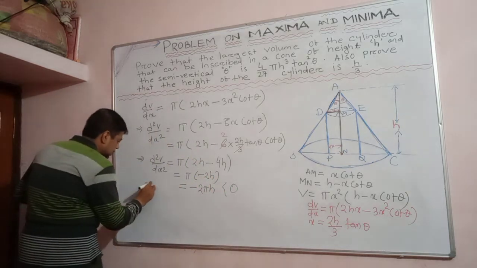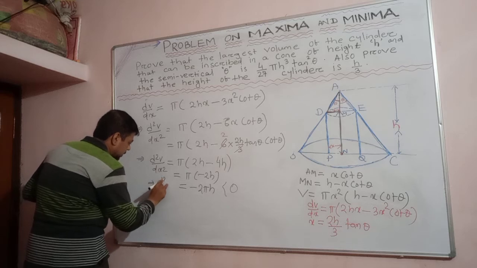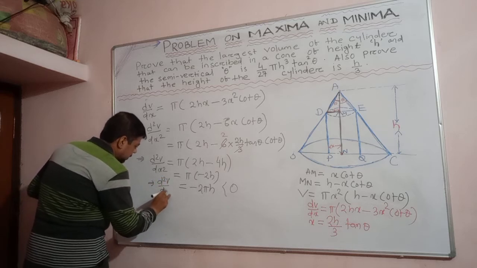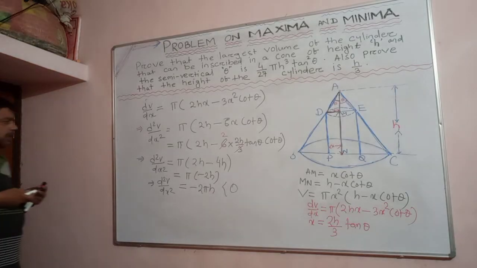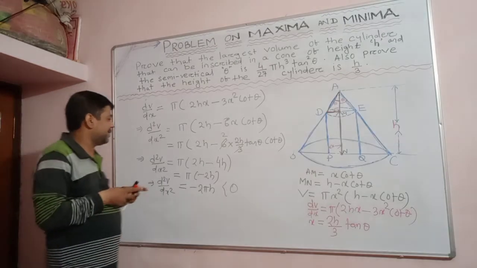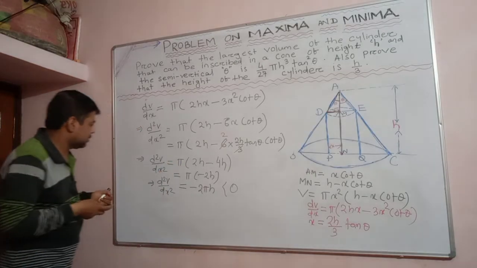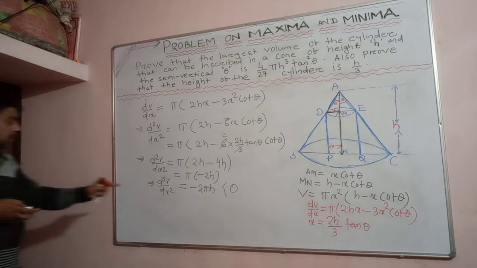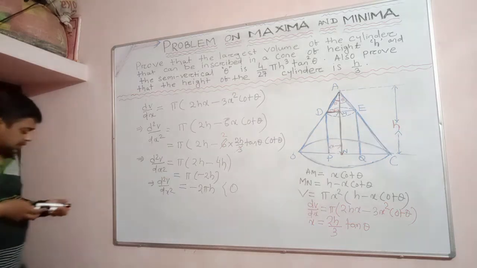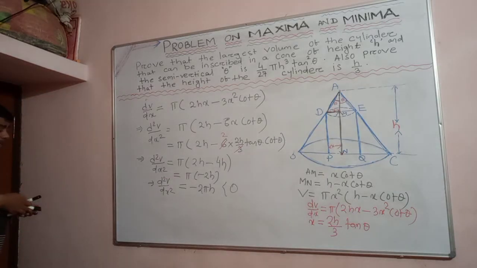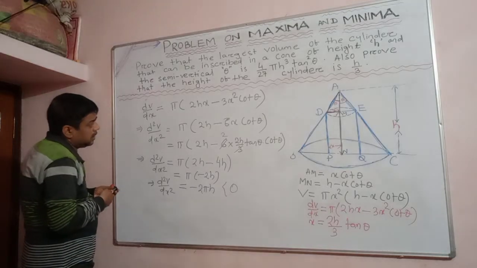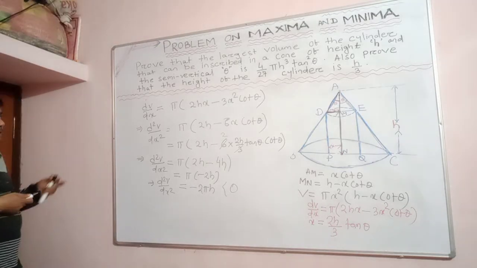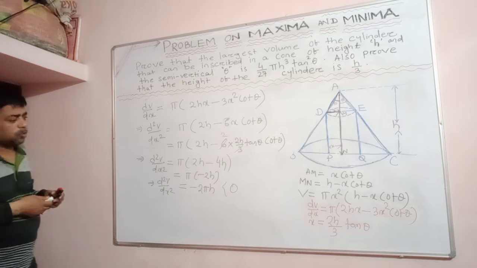That implies d square V by dx square is negative. So this is the second order derivative test by putting the critical point value in the second order derivative. So we got d square V by dx square less than 0, meaning negative. Since it is negative, the function has maxima at the critical point x is equal to 2h by 3 tan theta.